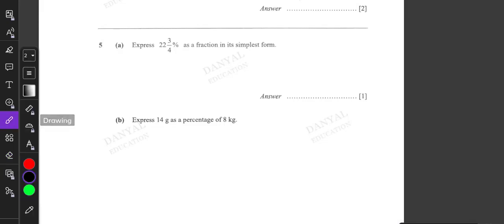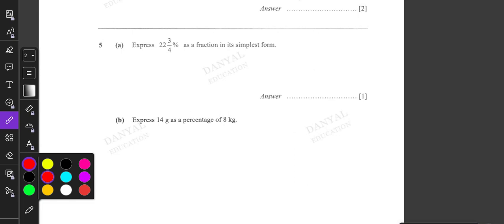Okay, question number 5. Express 22 3/4% as a fraction in its simplest form. Okay, simplest form, 22 3/4 over 100, or you can write 22.75.